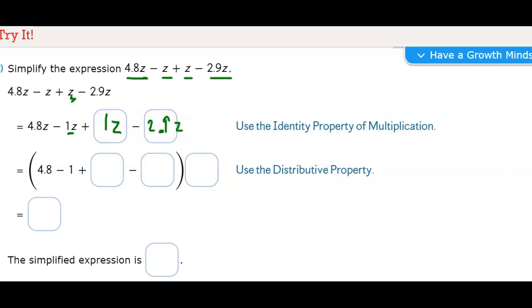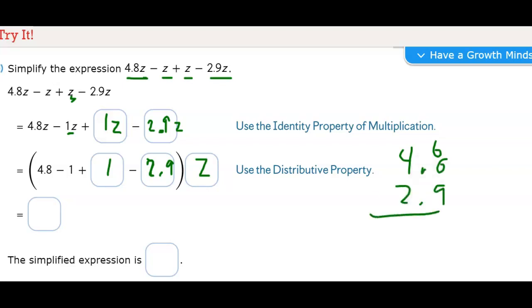Now at this point, from the example, they pulled out the variable and left everything inside a parenthesis so that you can use the distributive property. So now we just add and subtract as we go. 4 8/10 minus 1 will give us 3 8/10, and then 3 8/10 plus 1 will give us 4 8/10, and then 4 8/10 minus 2 9/10.